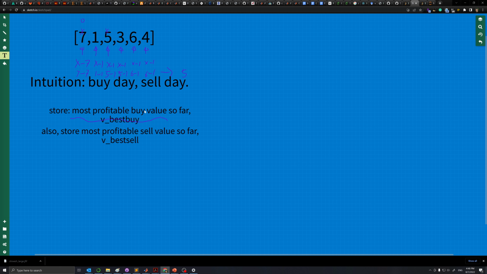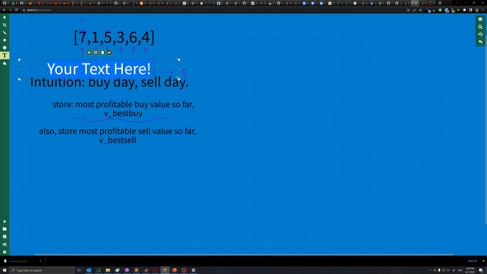We're gonna keep these two arrays. One is the most profitable buy value, one is the most profitable sell value. These two, v best buy and v best sell, they're right here.